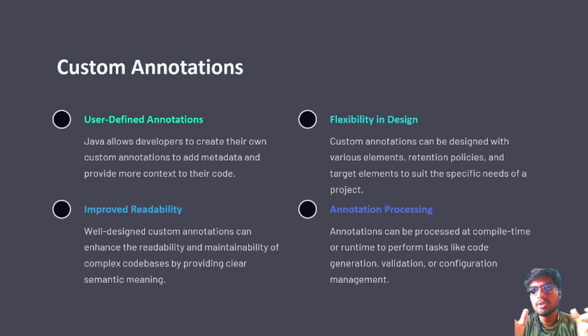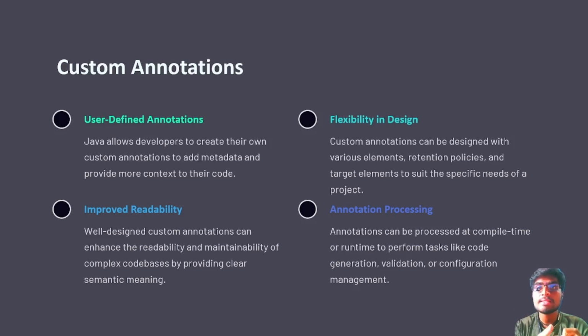In a retention policy we have three types. One is SOURCE, which is discarded at runtime. Another one is CLASS, which is stored in the .class file but is not available at runtime.